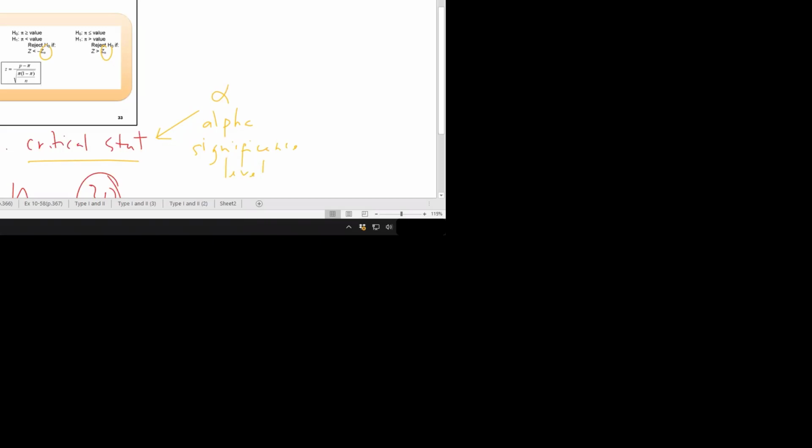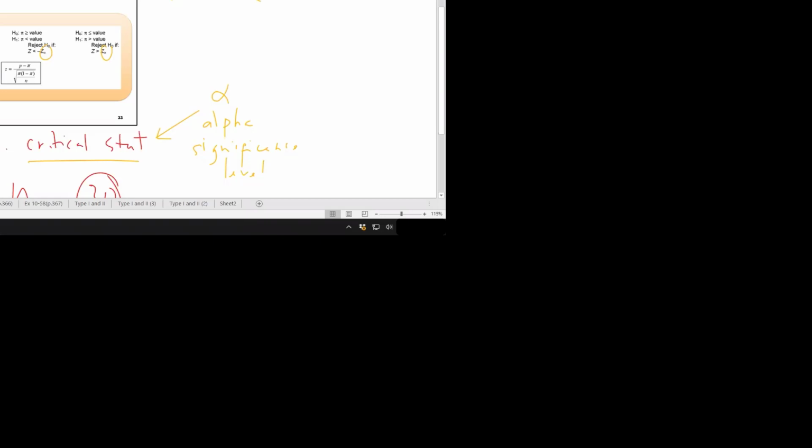Now, when we look at a couple more problems this afternoon, we are going to use another decision rule. And this decision rule will say reject the null hypothesis if the p-value is less than the significance level. Okay.